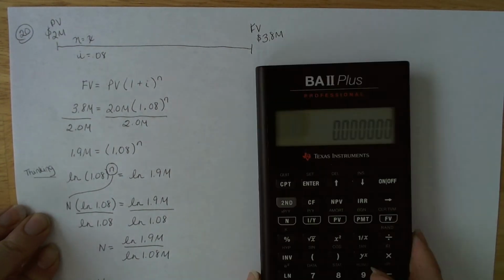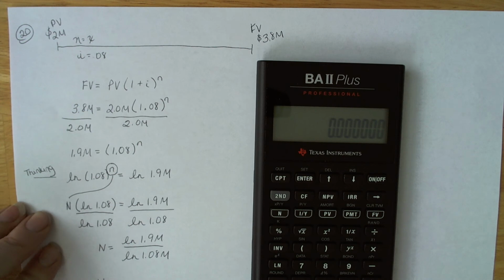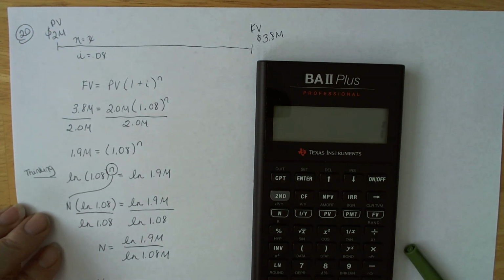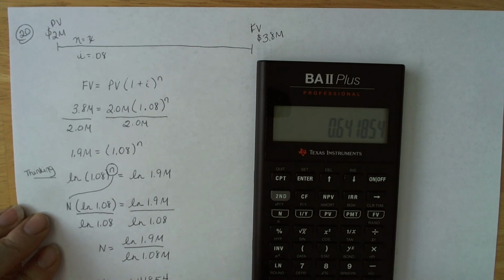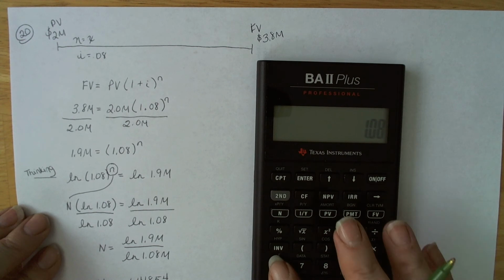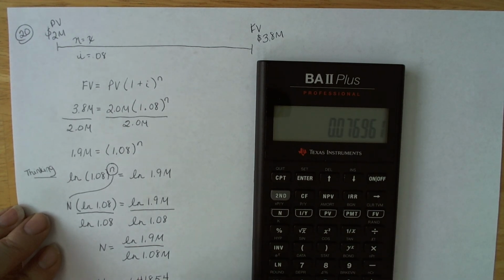And then when I enter it into my calculator, now this is for the BA II Plus, I take 1.9 natural log, and that gives me 0.641854, divided by 1.08 natural log, which gives me 0.076961.